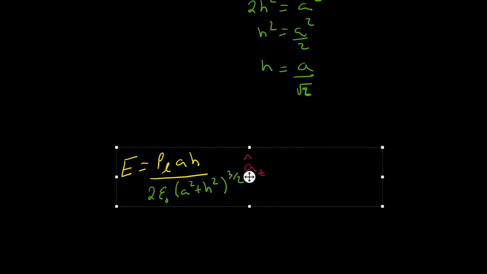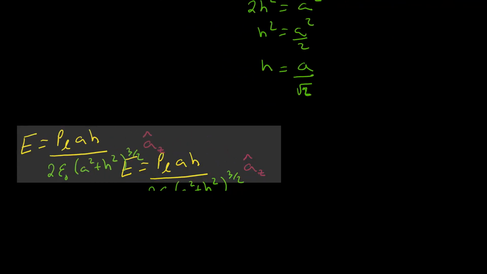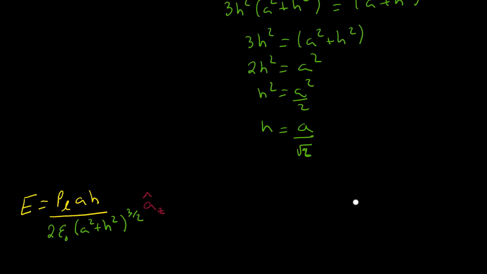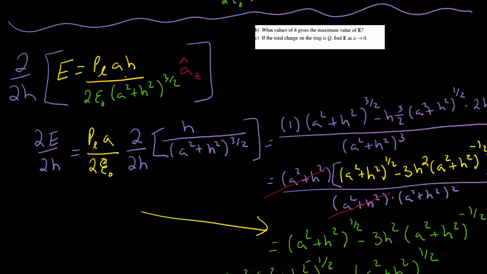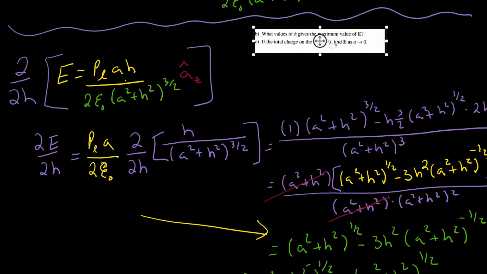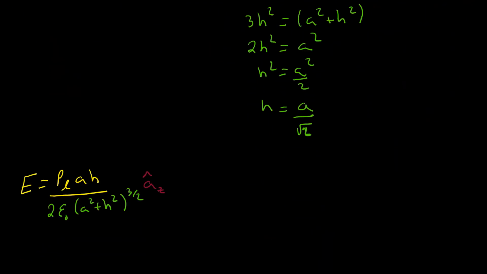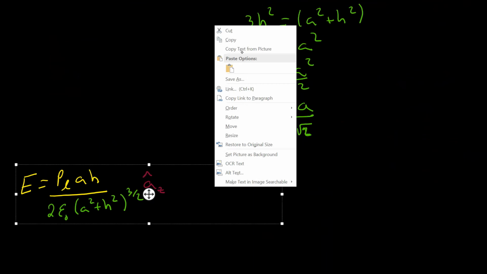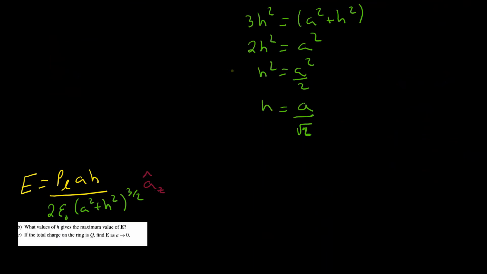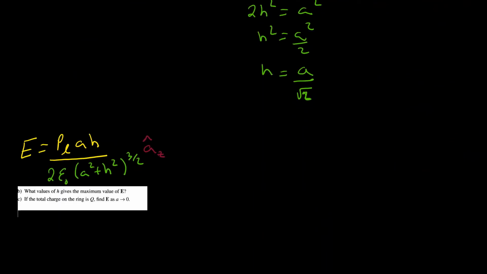Paste that thing. And let's get the problem too, because I just want to really think about it. Copy. Paste. Okay. If the total charge on the ring is Q, find E as a is approaching 0.